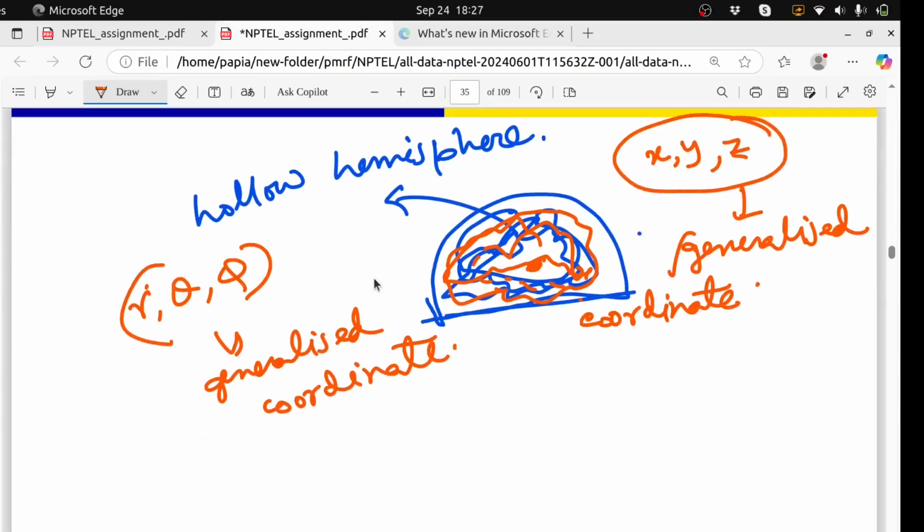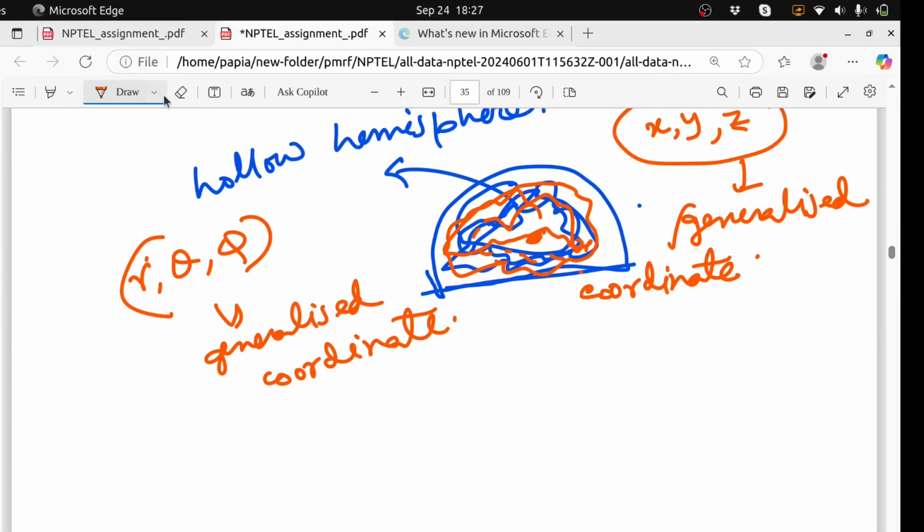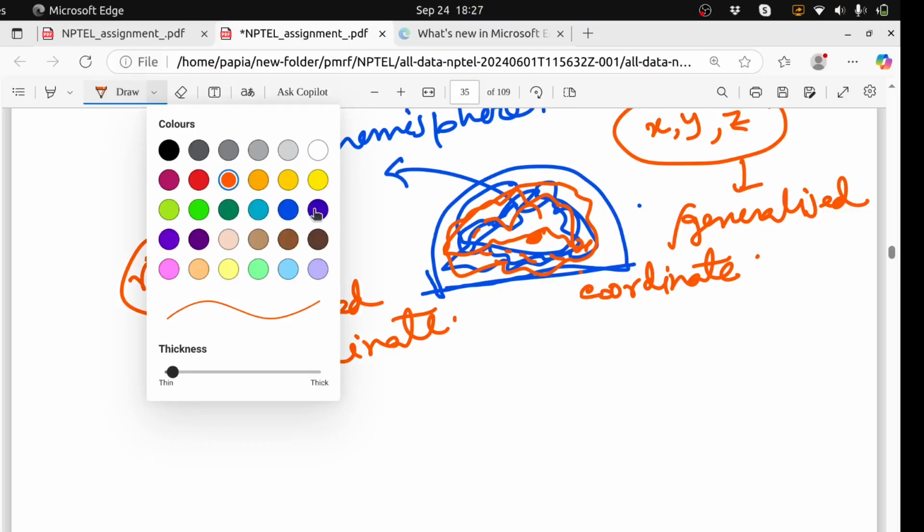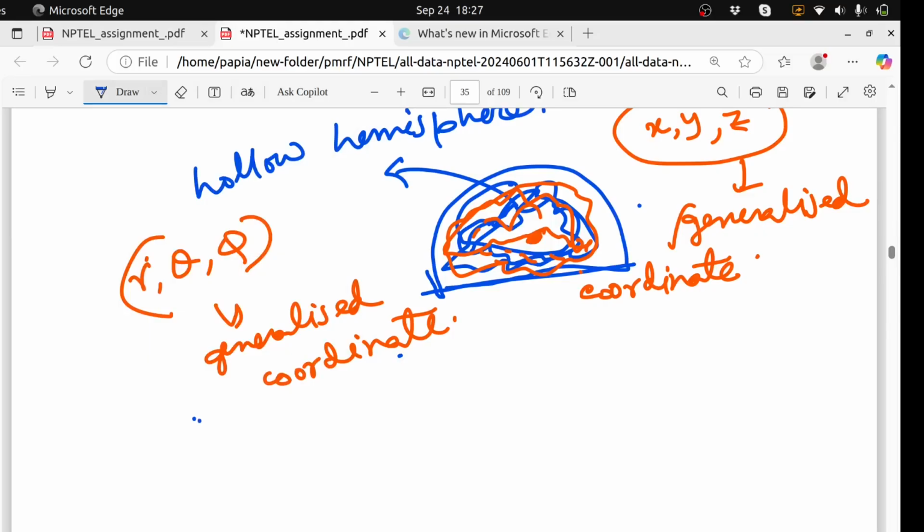Now one can ask, if let's say this is touching the surface, that means only touching the surface, then there is a constraint.